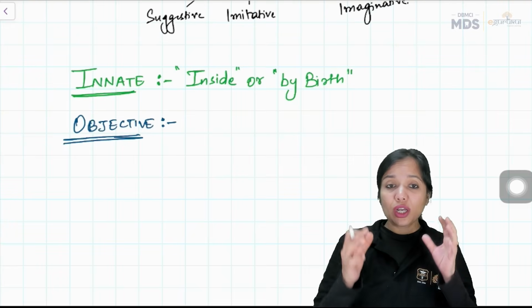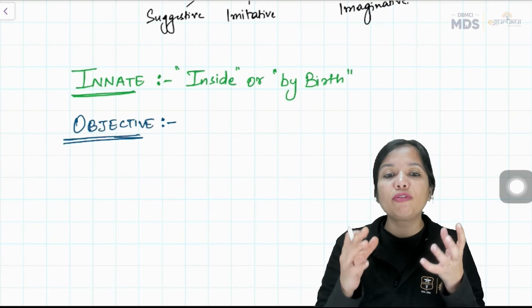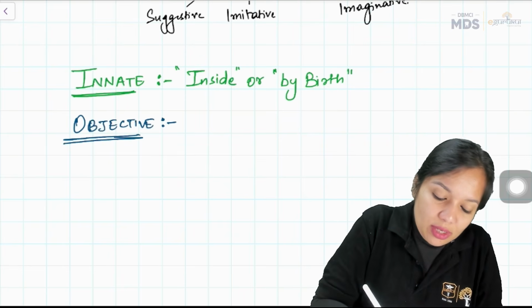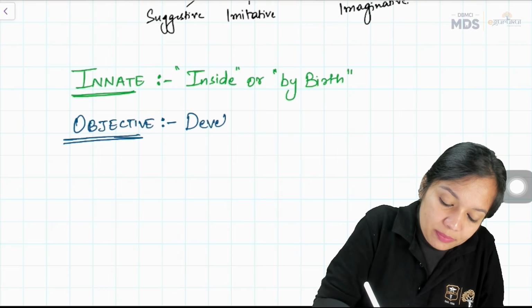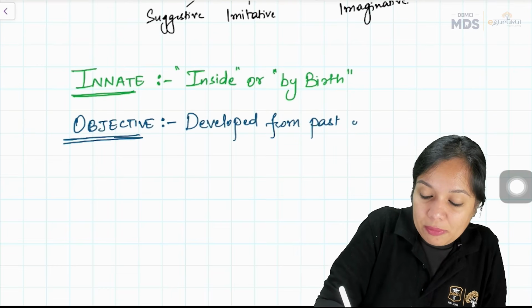Okay, these are called objective fears because they develop from a previous unpleasant experience. Okay, so these are developed from past experience.